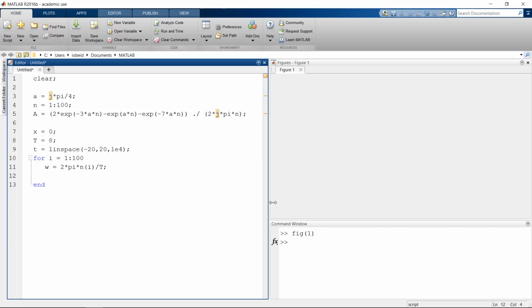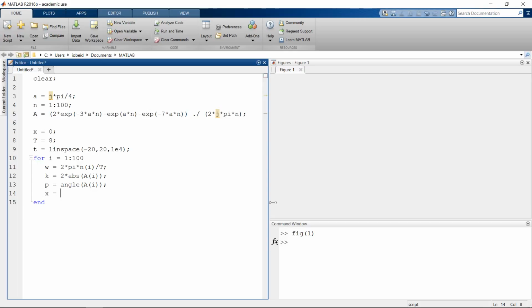And then we know that k is going to equal 2 times the absolute value of A of i, and the phase angle is going to be the angle of A of i. When I say A of i, I mean the ith value of A. If I'm going in a loop, first I'll hit the first value of A, and then the second value of A, and so on.